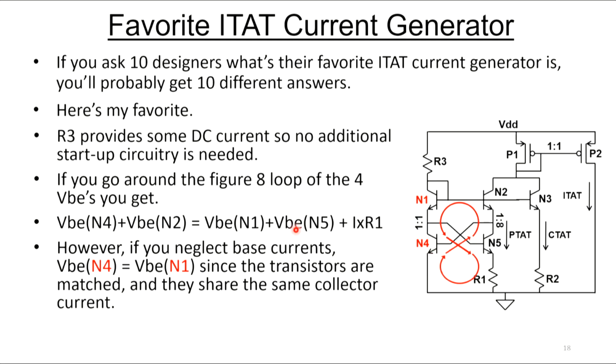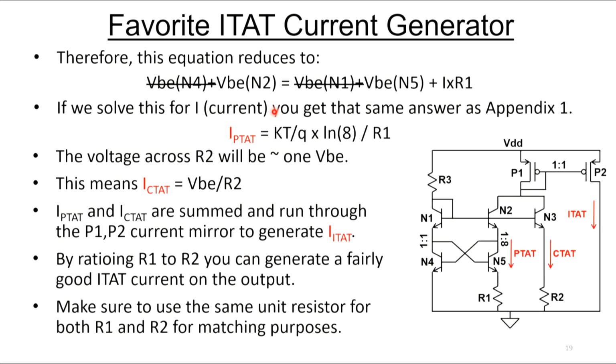So if they match, one of them's on one side of this equation, one of them's on the other side of the equation, well, we can just cancel those out since they match. Now we're down to the same equation that we've had many times before, where the current in this side over here is just the difference of two VBEs divided by R1.